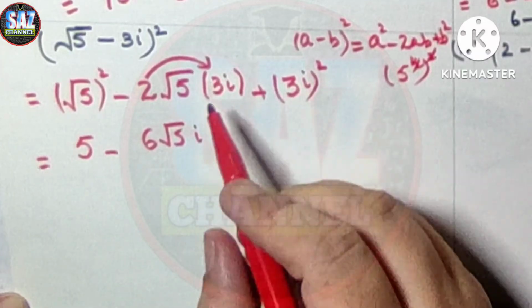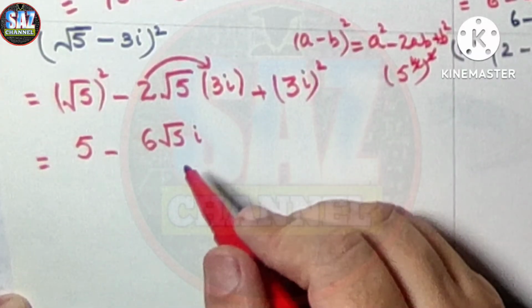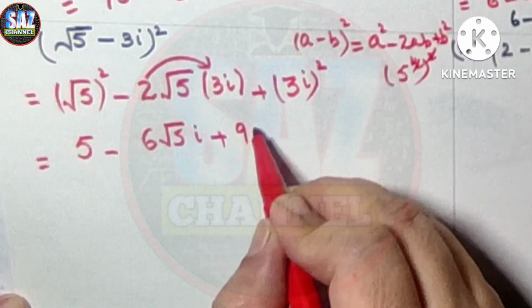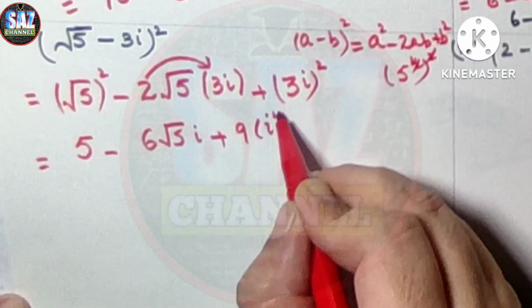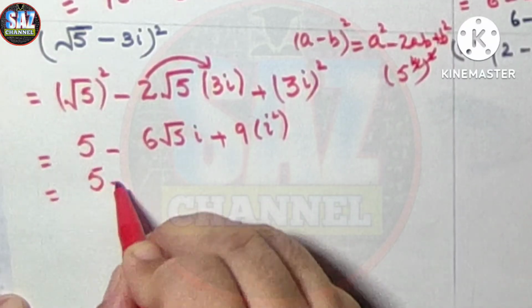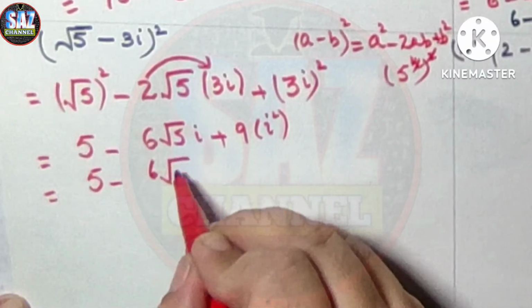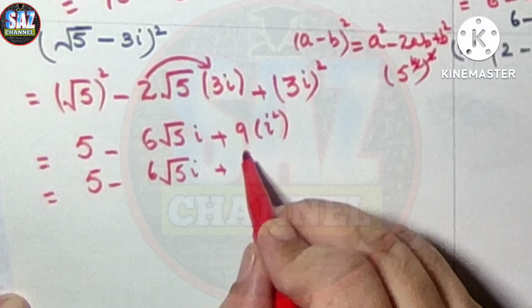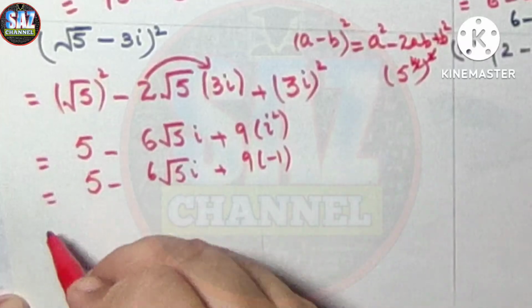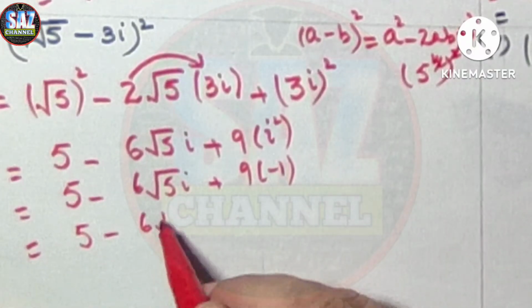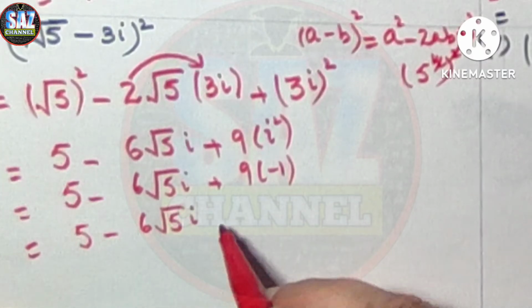So we can write here plus 9 times iota square. Let me show one step. This will be 5 minus 6 under root 5 iota, and iota square is minus 1. So this will take the form 5 minus 6 under root 5 iota minus 9.